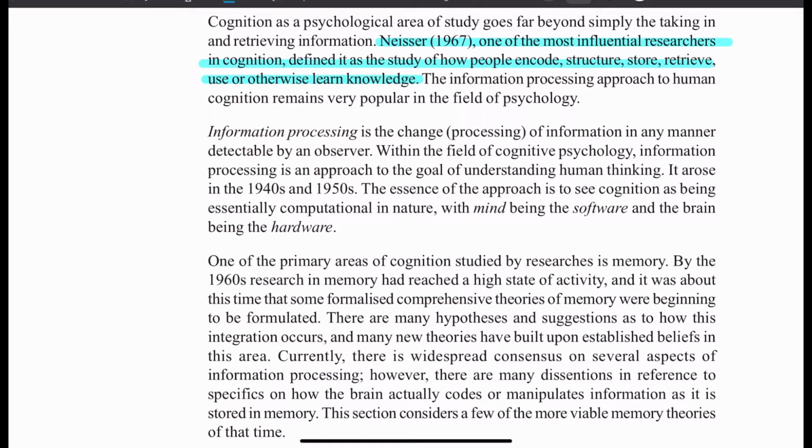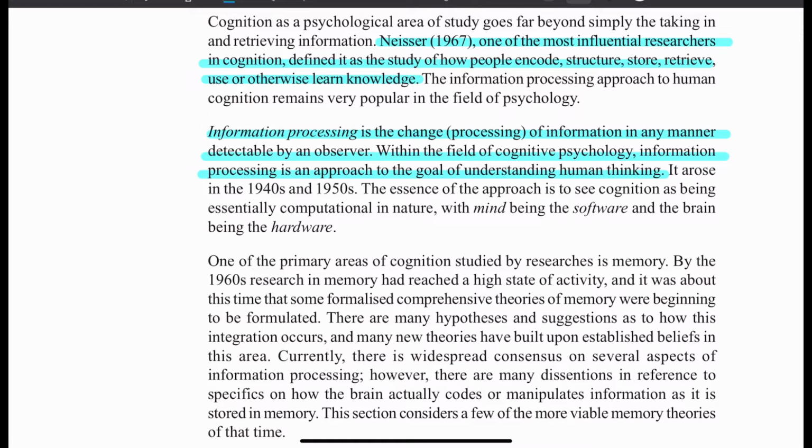So that we can understand how we function. Information processing is the change of information in any manner detectable by an observer. In the field of cognitive psychology, information processing is an approach to the goal of understanding thinking. If you want to understand thinking, you have to understand information processing.